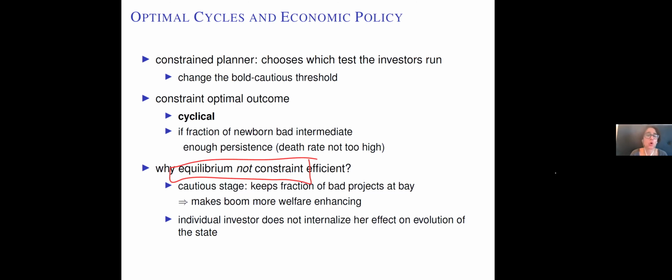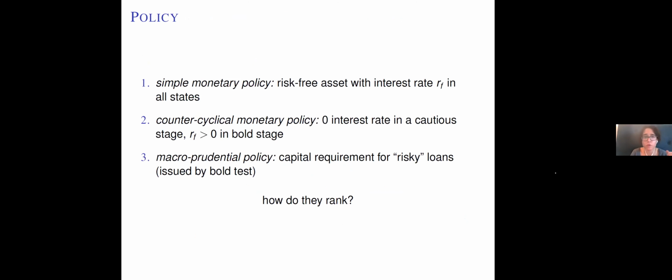Busts are bad, but they're not horrible because they have a purifying effect. They keep the fraction of bad projects at bay. And investors don't internalize their effect on the evolution, and that's where the inefficiency comes from.